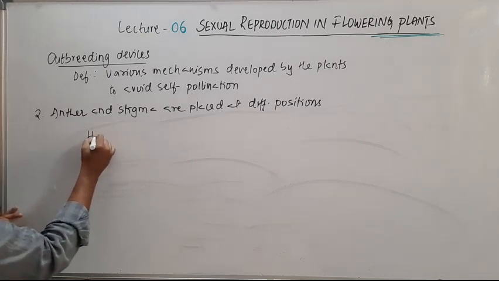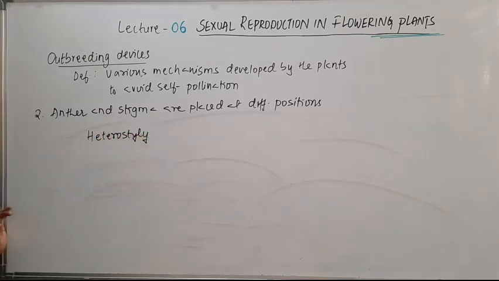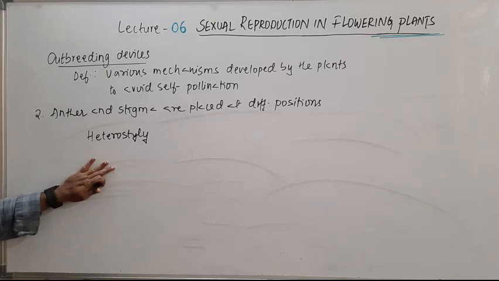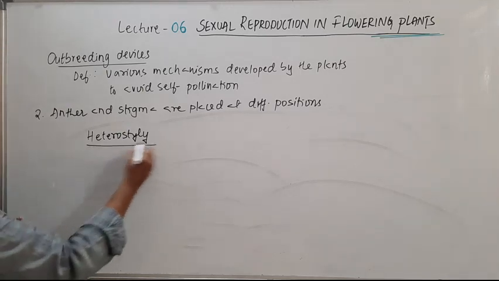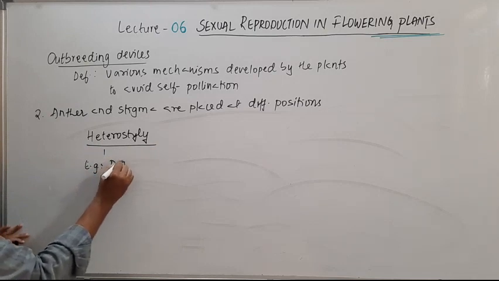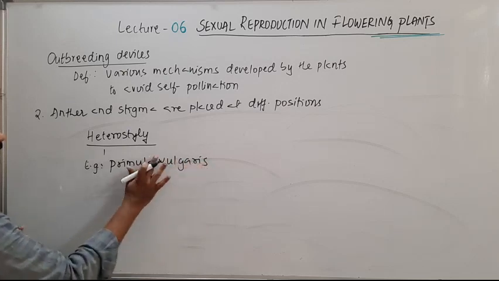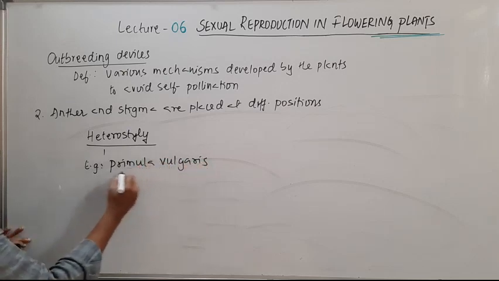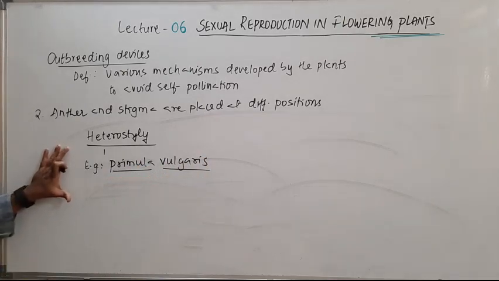So let's see a condition called heterostyly. Heterostyly means the length of the style is different. This heterostyly is seen in a plant called Primula vulgaris, where you find the length of the styles will be different.